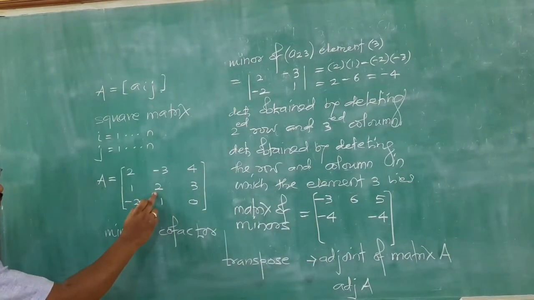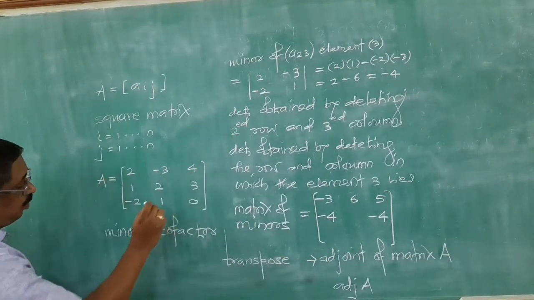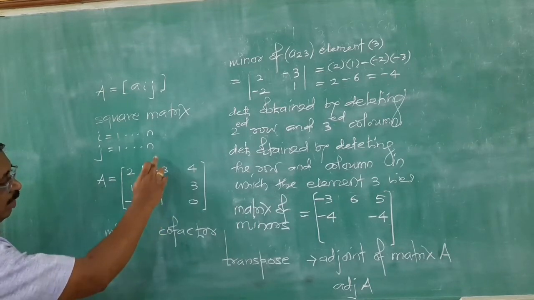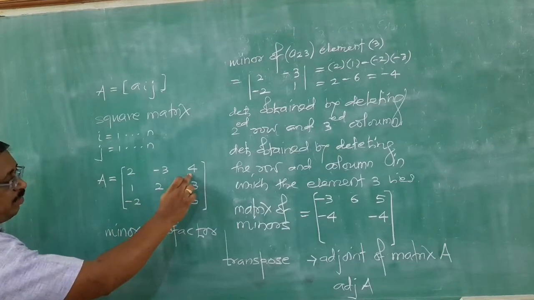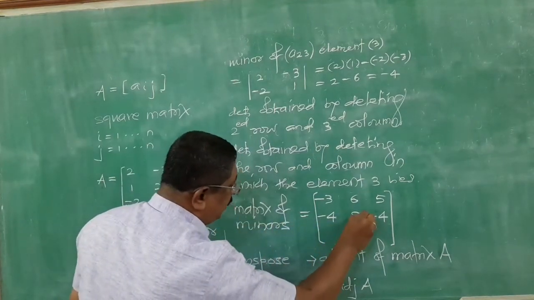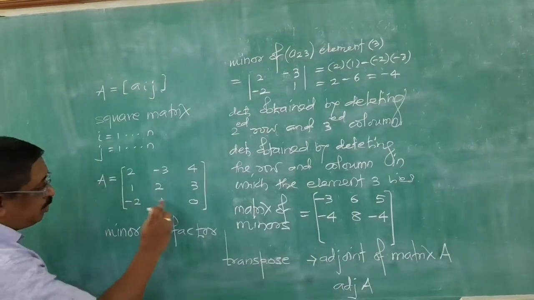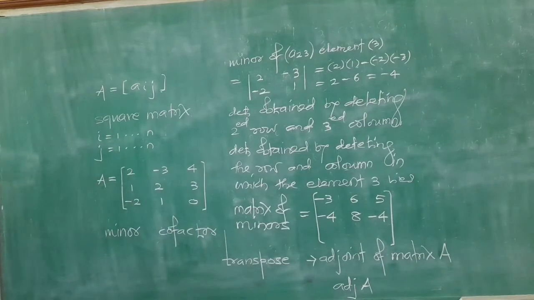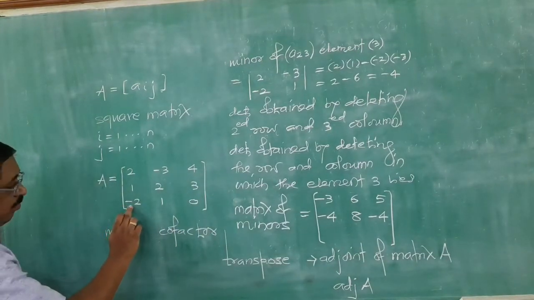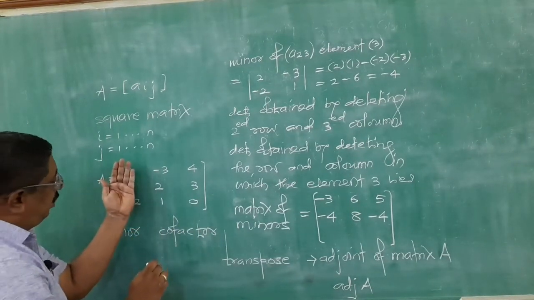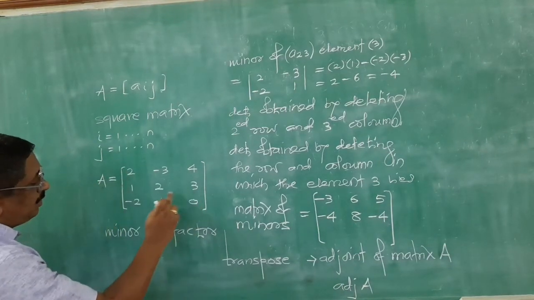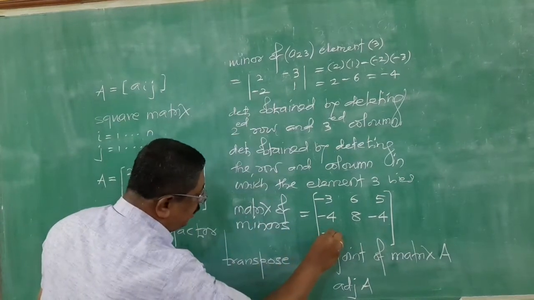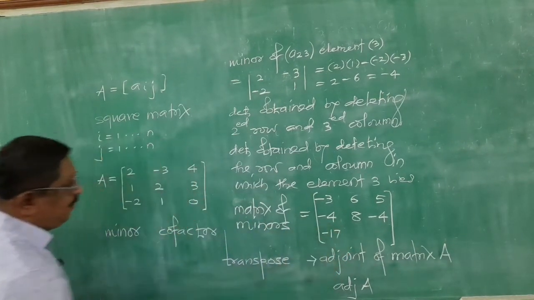For this element 2, the minor will be 0 minus of minus 8, that is plus 8. Now, it just remains to find out the minor of third row elements. Minor of minus 2 will be, remove the column and row in which it lies, minus 9 minus 8, it is minus 17.